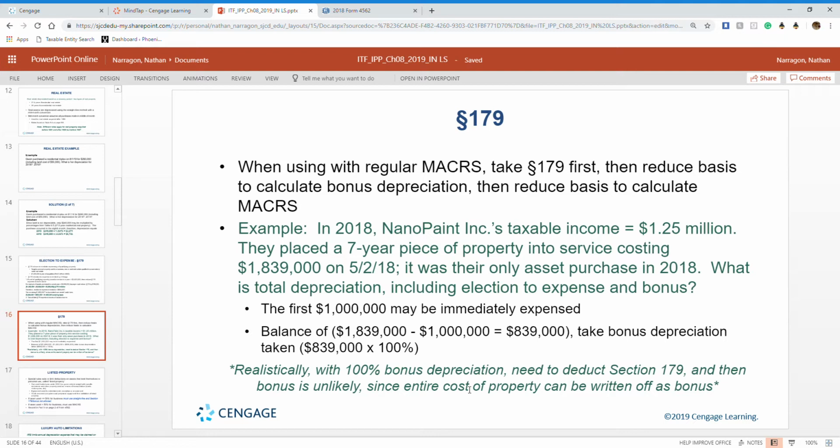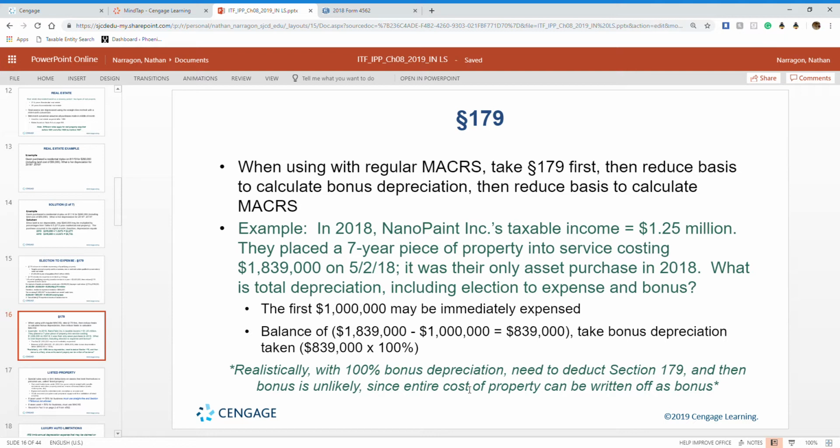Alright. So when using MACRS, really what we do first is we have to create the basis, and if we can take Section 179, we tend to take it first, and then we reduce the basis for bonus depreciation, and then calculate MACRS.